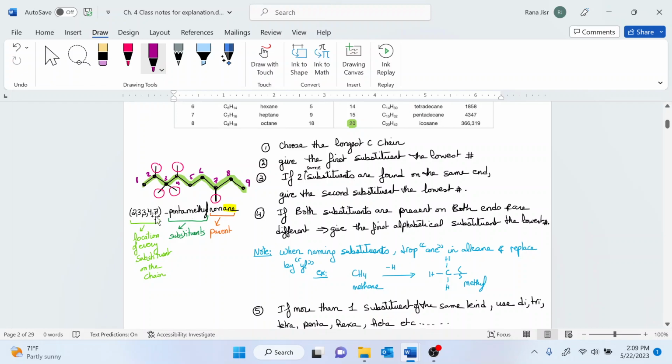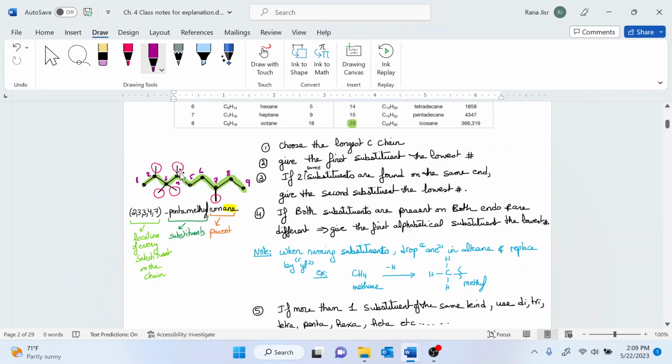So I open the parentheses and put all of these numbers for these methyls. So the methyl here is going to be on 2, 2, 3, 3, 4, and 7. I close the parentheses. I put commas between the numbers and a dash between the letter and the number. That's going to be a dash.